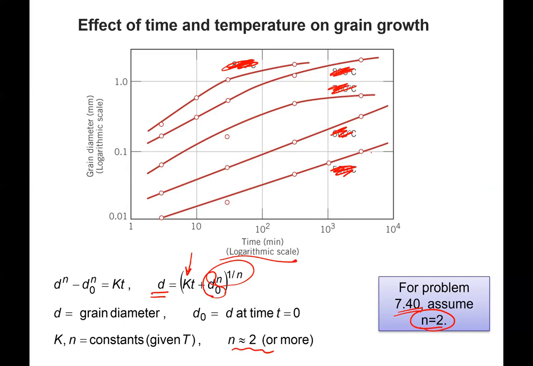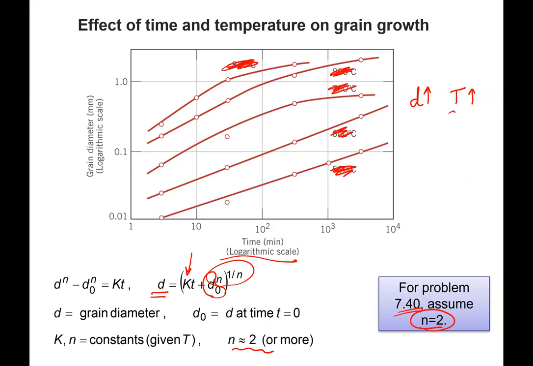And I don't want you to memorize all the plots in your text to answer something like that. I want you to be able to think about what's here and be able to rationalize where the higher or lower temperature sample is. So the principle here is that you would expect the grain diameter to be largest at the same time for higher temperatures, right?